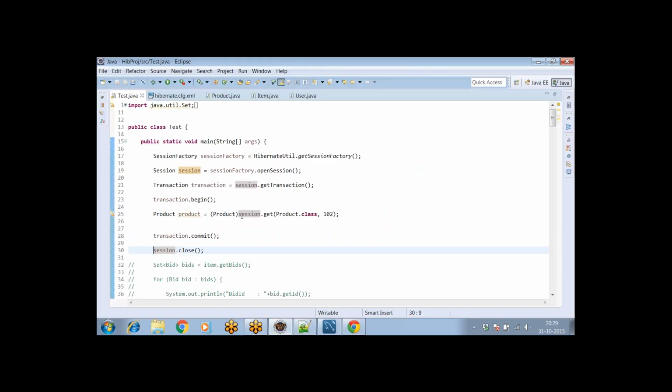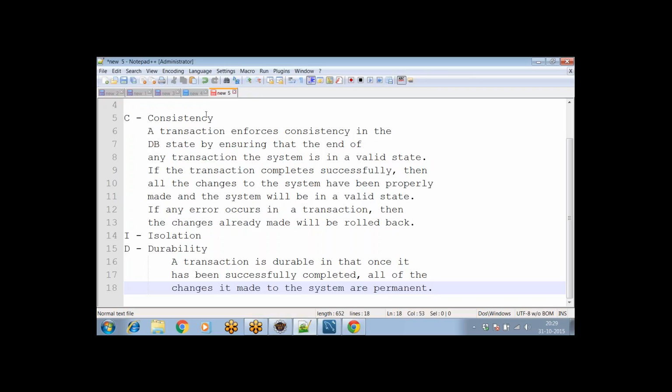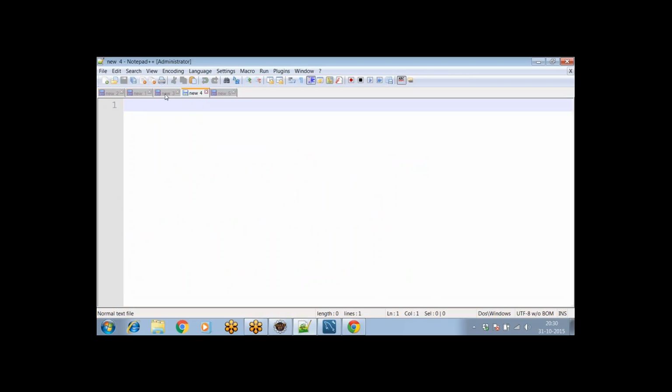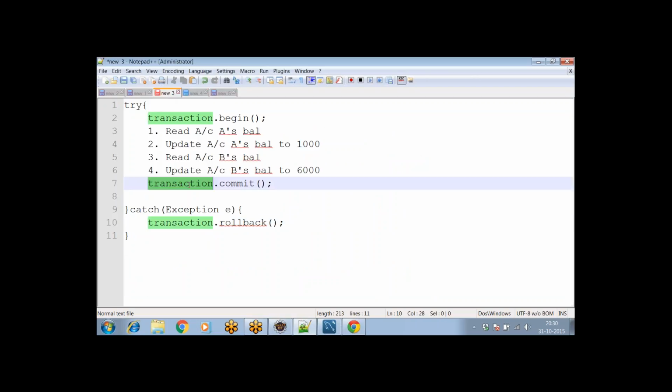You see, by calling the commit method, programmatically here, we can make sure that the changes are updated permanently to the database server.